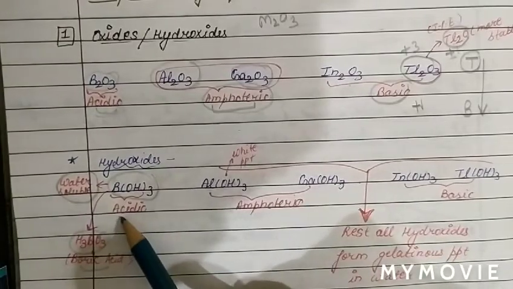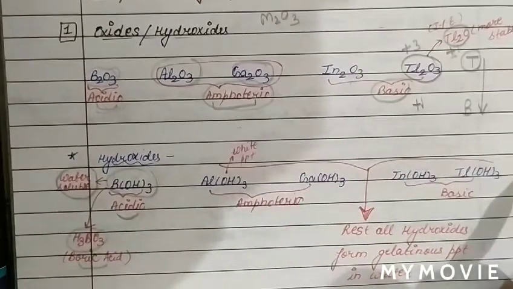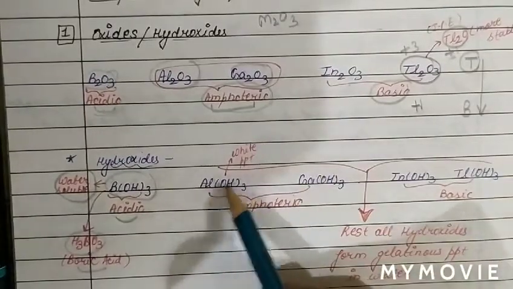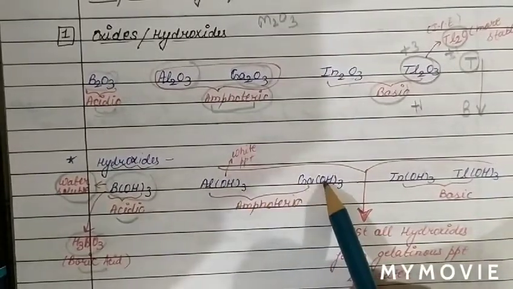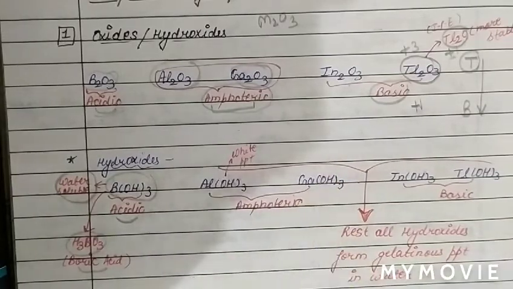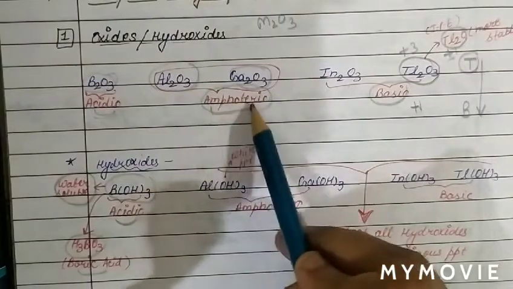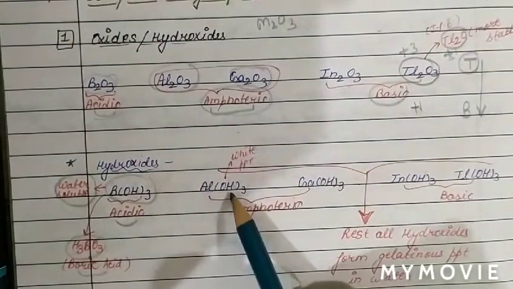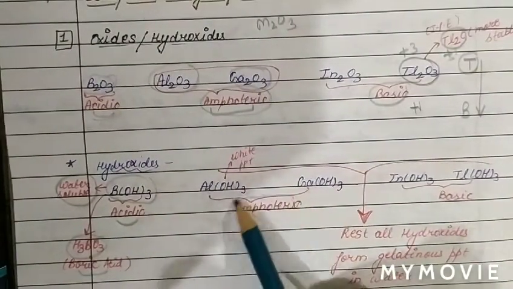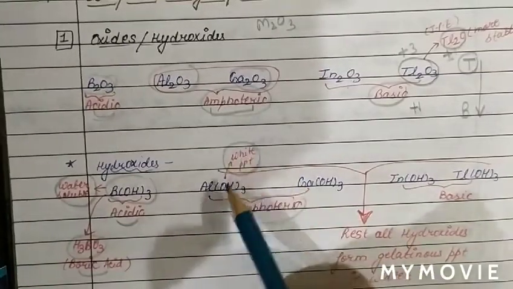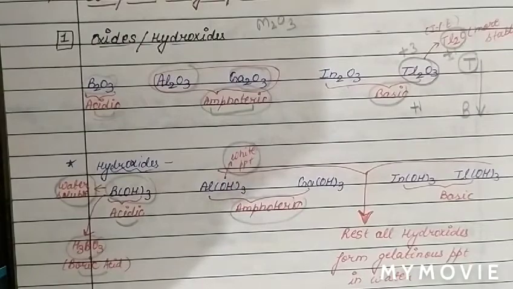So the hydroxide of boron is acidic in nature, and we know aluminium hydroxide and gallium hydroxide are amphoteric in nature, like their oxides. Therefore hydroxides of aluminium and gallium are also amphoteric, and there is a white precipitate of Al(OH)3.